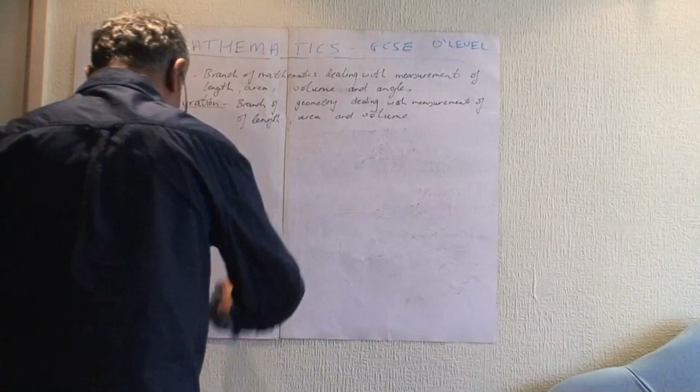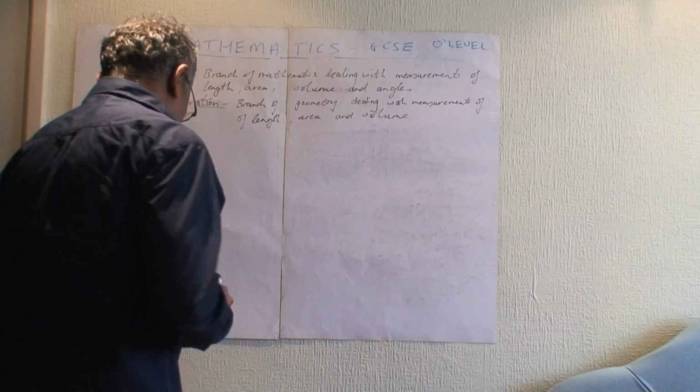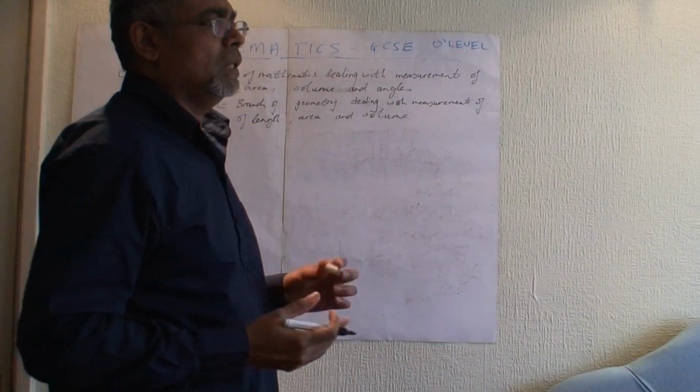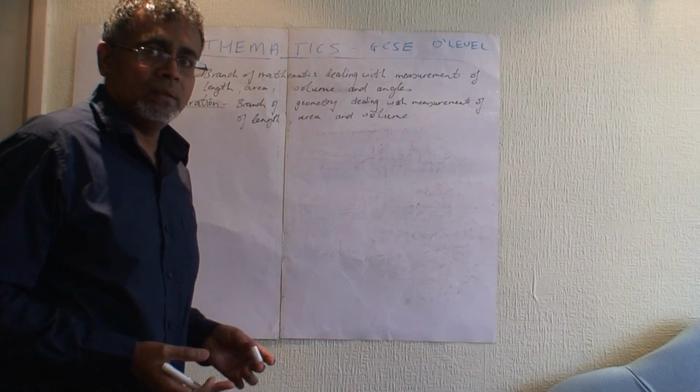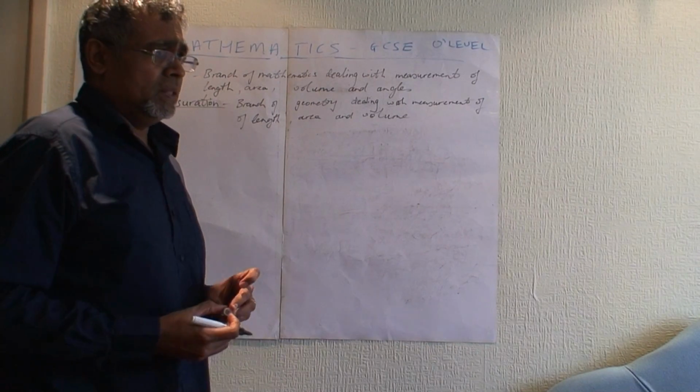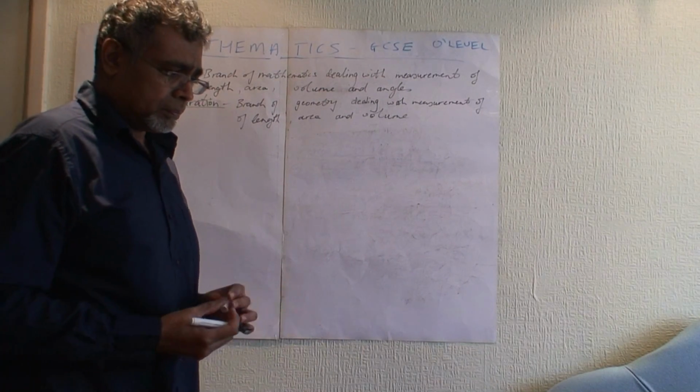Now, what if we have an unusual shaped triangle, and you want to find the area of this unusually shaped triangle?